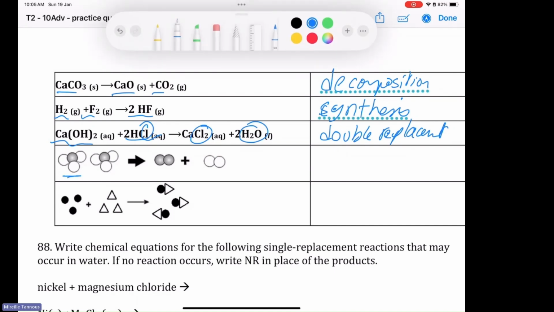Okay, sorry. So the next one is a decomposition and synthesis.